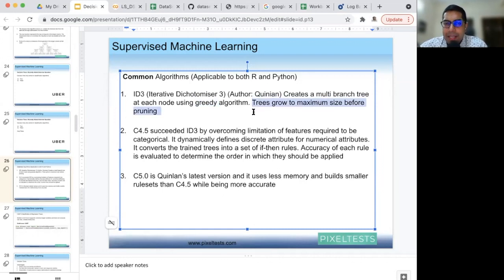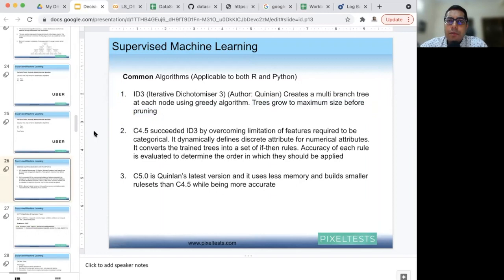So trees go to a maximum size before pruning. We haven't looked at what pruning is, but we'll see that, right? Now, one way to think about pruning is, when the tree grows, you want to cut it. What is cutting? You are literally chopping off some of the bottom parts and pretending that the algorithm never learned it. Why?